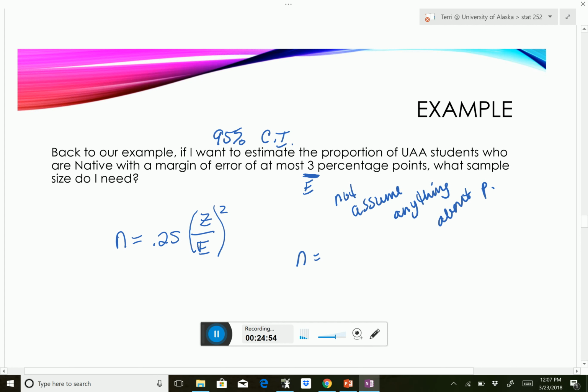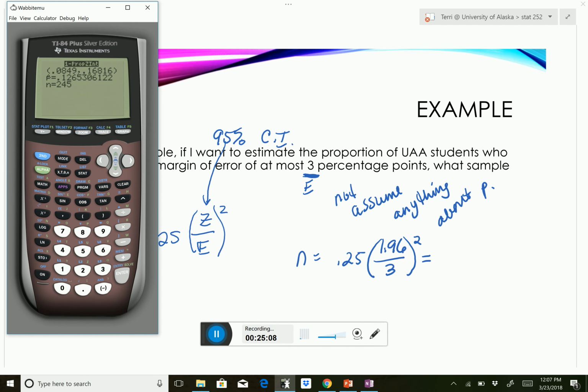So n is equal to 0.25 times, and my Z with the 95% is, you should be saying 1.96, I hope, over 3 squared. So I'm going to go 1.96 divided by 3, square that number, and then multiply by 0.25.